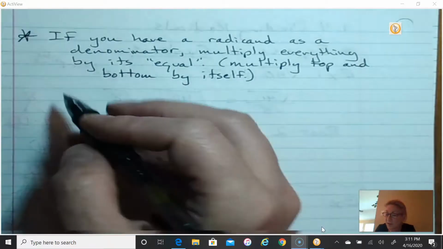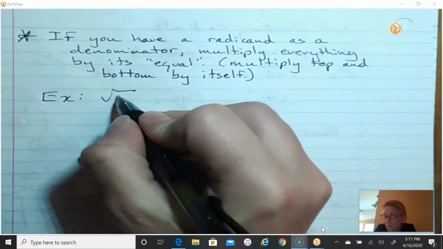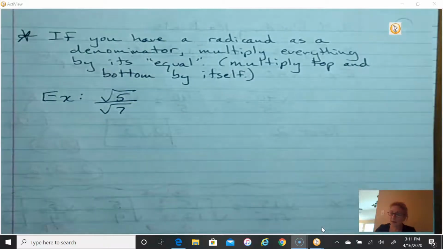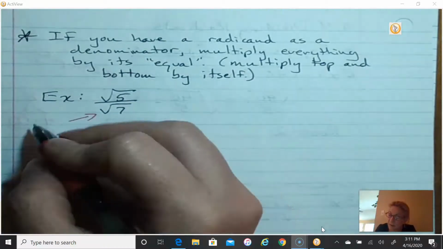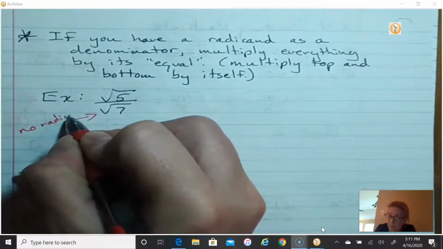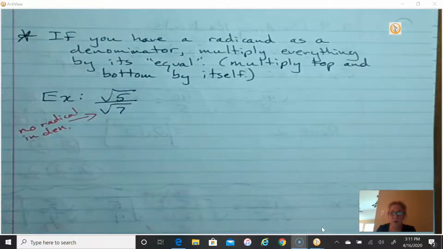That's Mrs. Rogers' explanation. So, for example, this, no radical in the denominator.